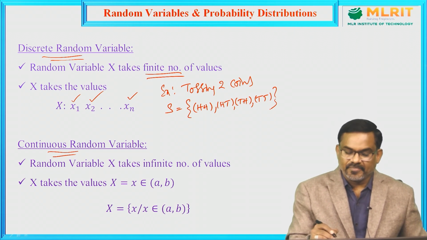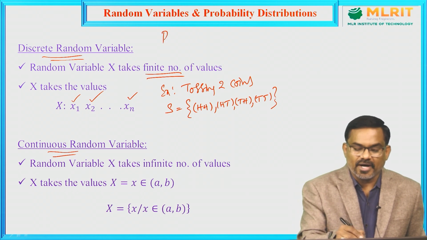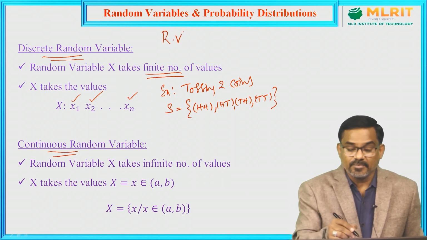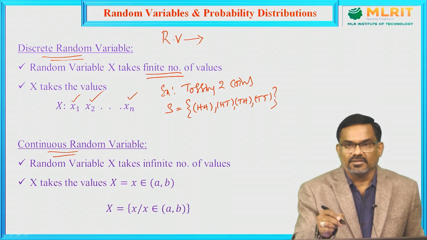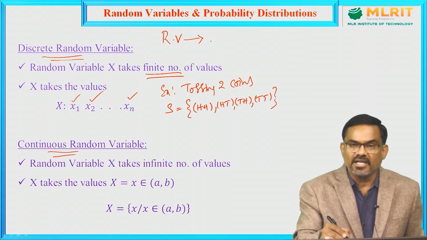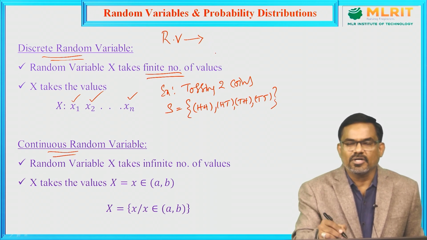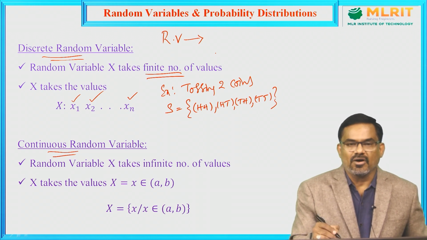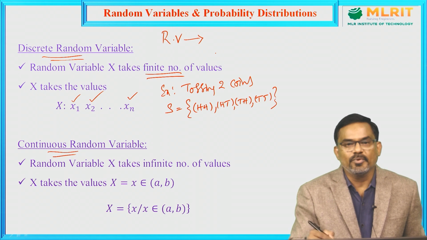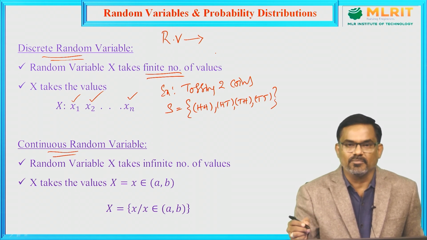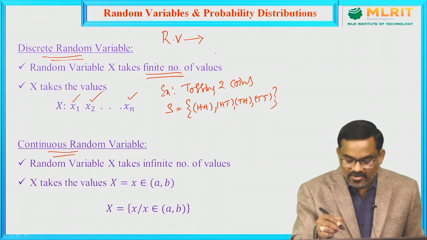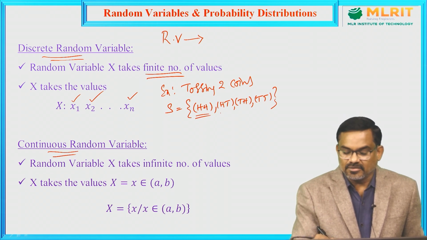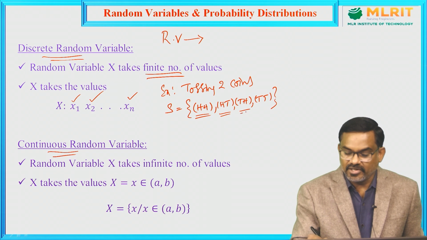So, these are the outcomes of this experiment of tossing two coins. Now, here what is the actual definition of random variable? Random variable is a rule by which we assign a real number to each and every outcome of the experiment. For example, if non-numeric outcomes are there, then we assign a real number to each and every outcome. Here the outcomes are HH, HT, TH, TT.